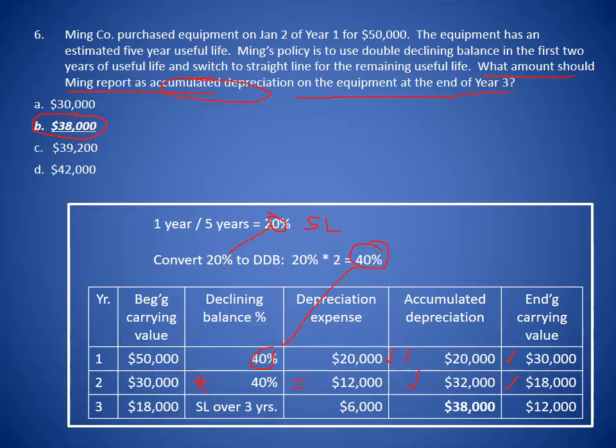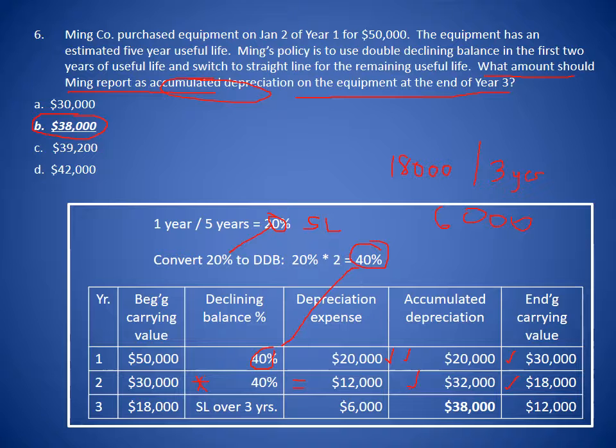Then year number 3, our beginning carrying value is equal to $18,000. Now I'm going to begin depreciating that amount over 3 years on a straight line basis. And it's a fairly simple calculation: $18,000 remaining carrying value divided by 3 years equals $6,000 per year.